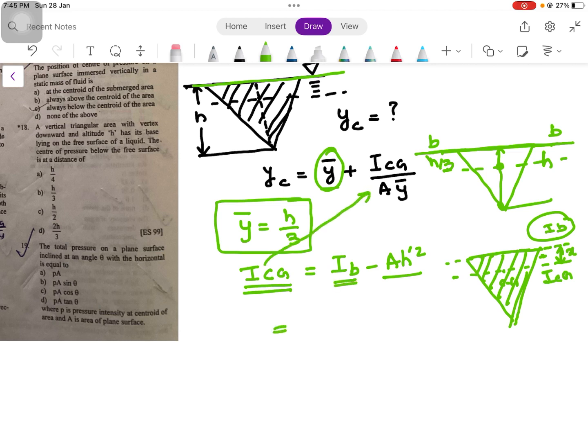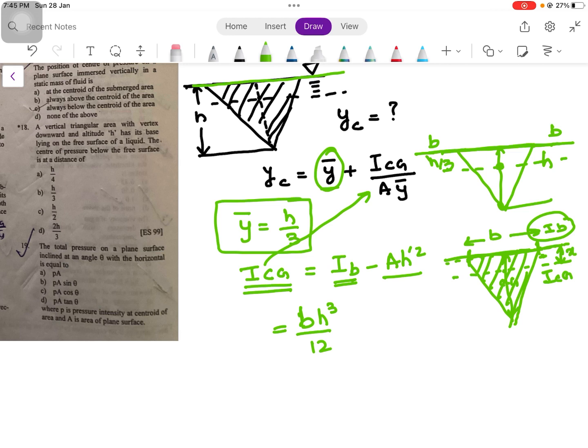IB of a triangle, that is the moment of inertia of a triangle about its base, equals BH cube upon 12, where B is the width of the base of the triangle and H is the altitude of the triangle.